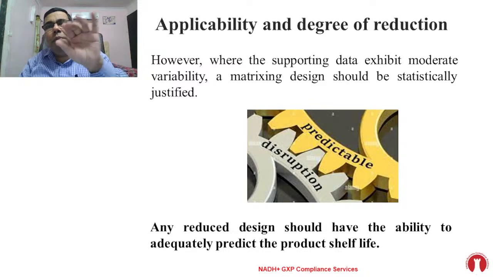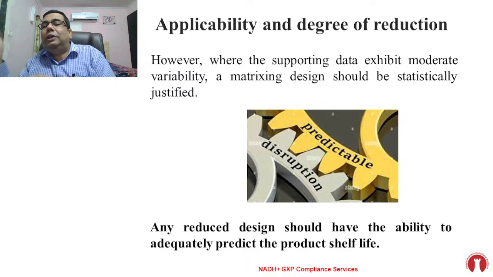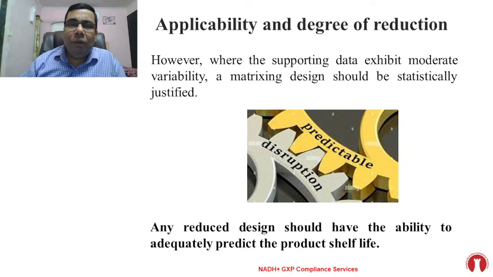Suppose you skip the 3 month test for batch 1, but you perform the test of batch 2 at 3 months. That way, you should be able to predict the stability shelf life, so that if batch number 2 has a proper shelf life, automatically batch 1 will also have.